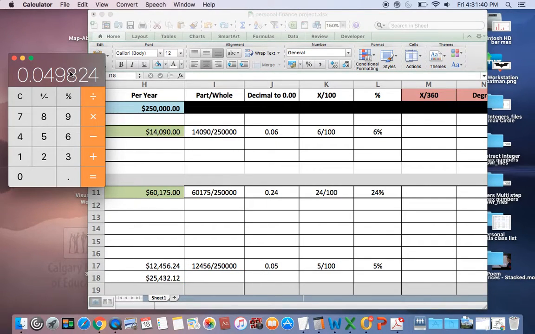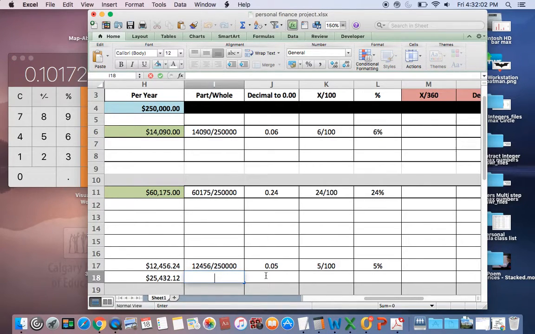Last one. Clear. We go 25,432. No decimal. 250,000. Answer is going to be 0.10. Third number is less than 5. It's going to be 0.10.